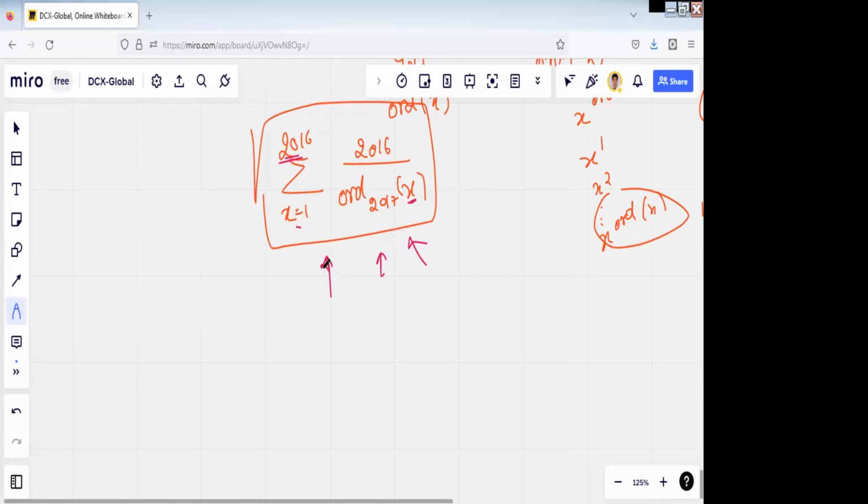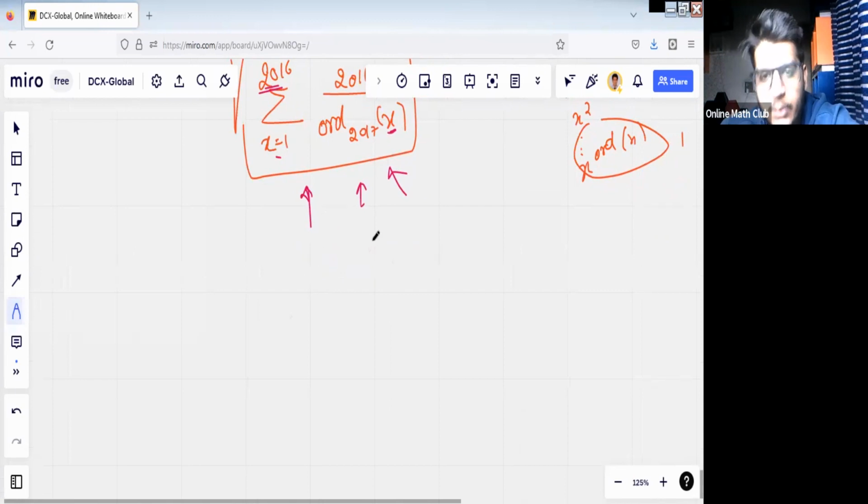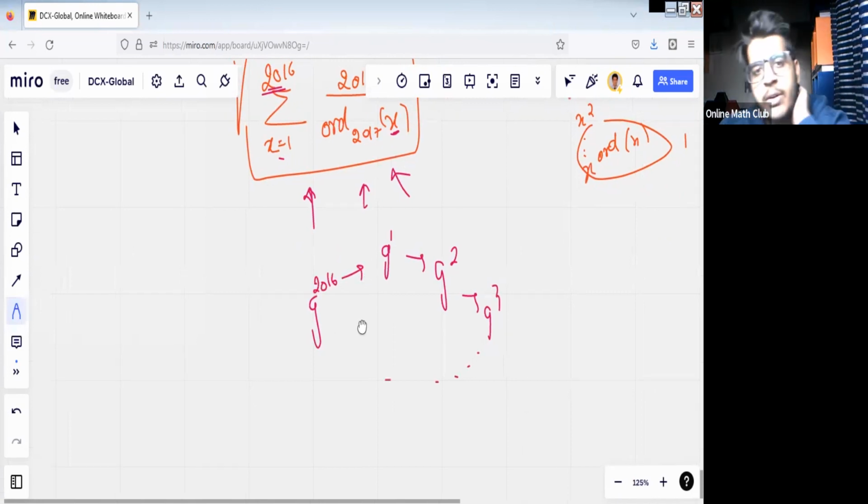So we can use the primitive root, right? Yeah, exactly. So let g be the primitive root. So you have g to the power 1, g to the power 2, g to the power 3, and so on, up to g to the power 2016.